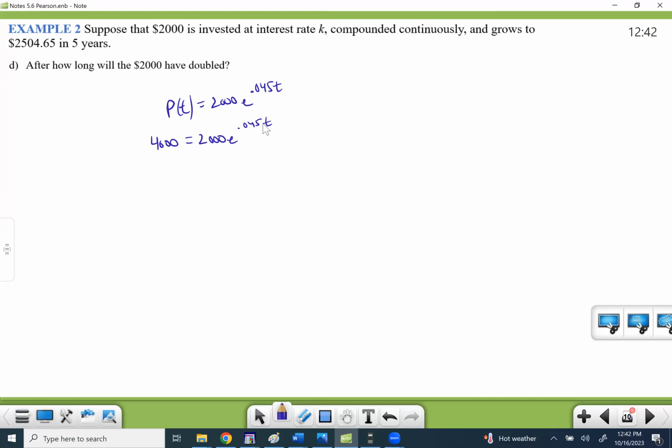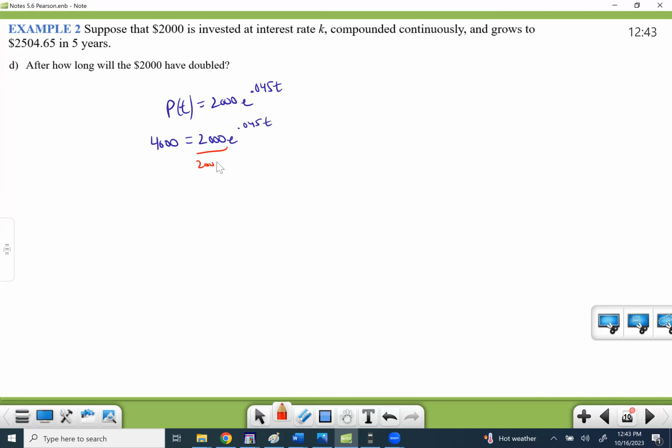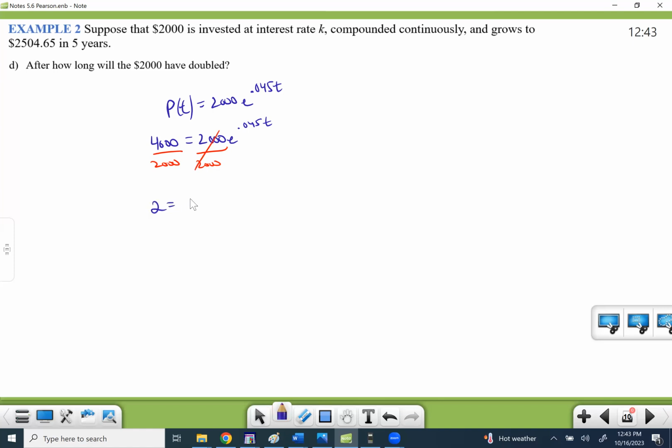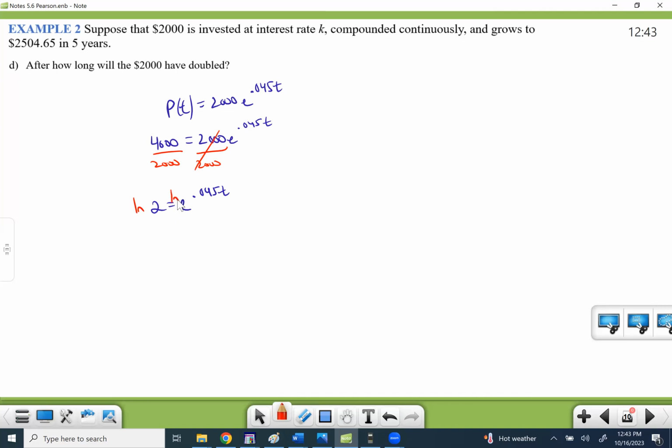Now, let's go ahead and solve this. So we'll isolate the exponential. Four thousand divided by 2000 is 2. And then we'll just go ahead and take the natural log of both sides.